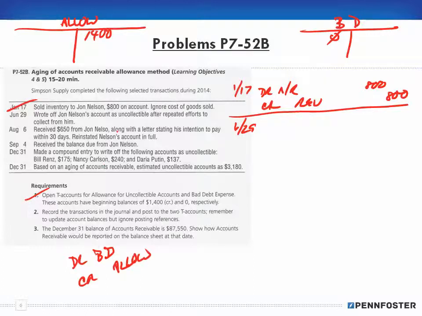Now he actually has an accounts receivable, but we're saying this accounts receivable of $800 is no good. So when we take it off, we have to reduce our receivable, so it's no longer on the books, but we have to debit something else. Well, what are we debiting? We had already written off the bad debt, so we use the allowance account for $800.